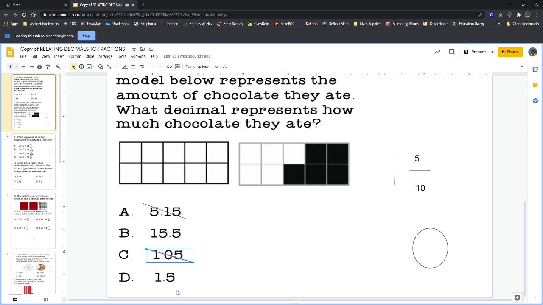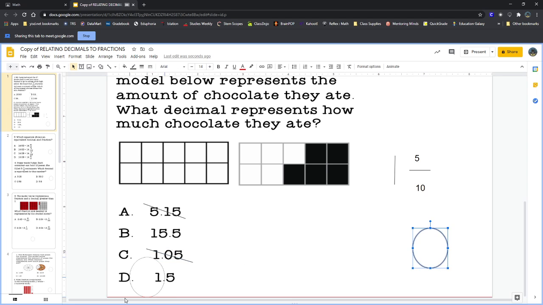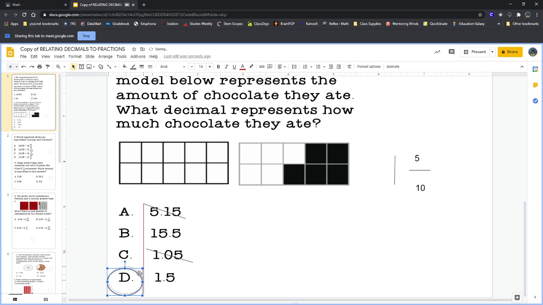Who thinks they know which answer choice tells me the correct decimal? Kaylee, which one's correct? Answer choice D is my correct answer because answer choice B is telling me that they ate 15 candy bars.